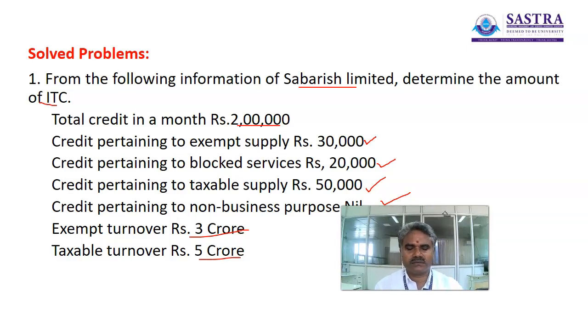So they have given in detail regarding ITC for all: total, exempt, blocked, taxable and non-business purpose also. So this is for what? T. Non-business T1, exempted T2, blocked T3, and taxable T4.